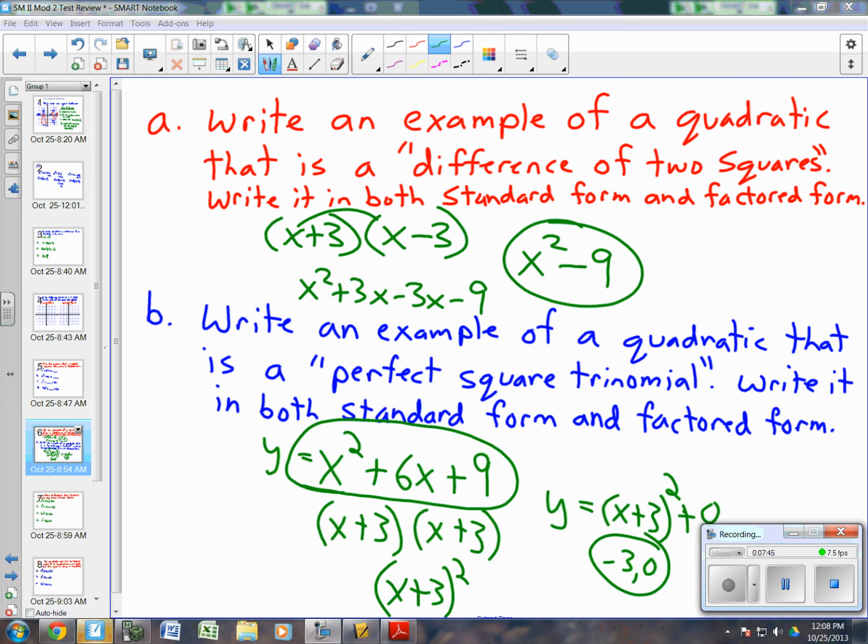This is known as a difference of two squares, and it is a binomial because it has two terms. But it's called a difference of two squares. Why do they call it difference? Where does the word difference come from? Yeah, well, actually, it's because this form right here, that minus sign is a difference, isn't it? That's a difference. And what do we mean by two squares?